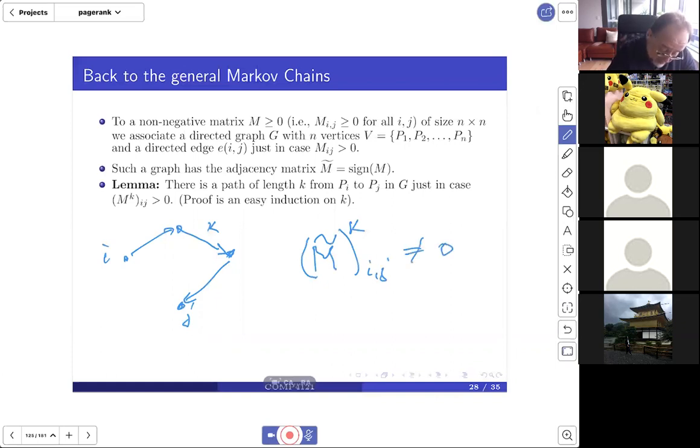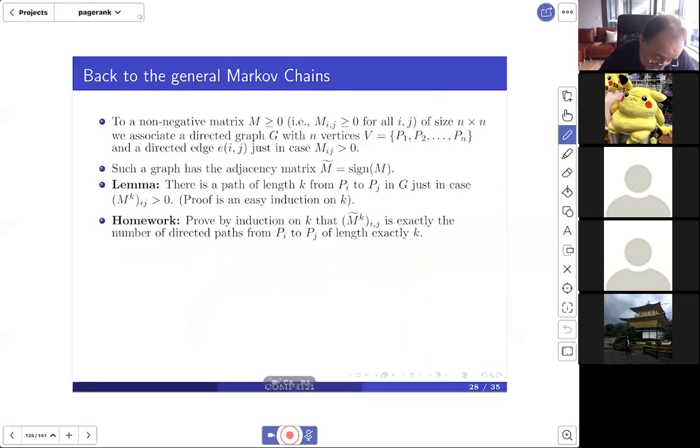So there will be a path just in case the entry at position ij of the kth power of the adjacency matrix is not equal to 0.